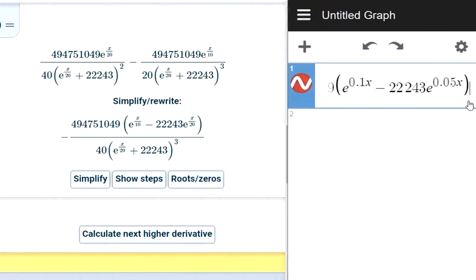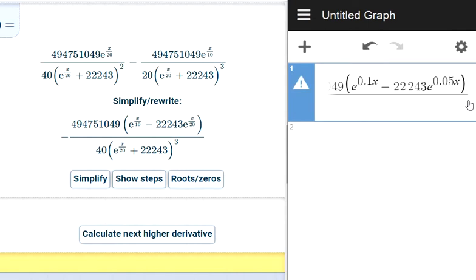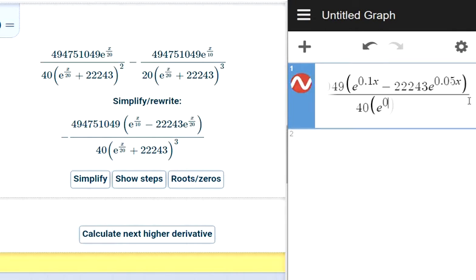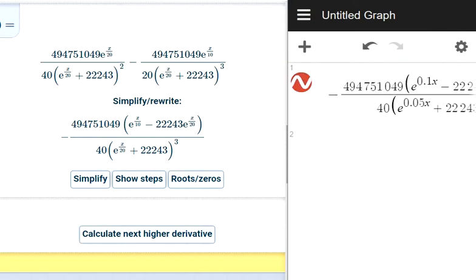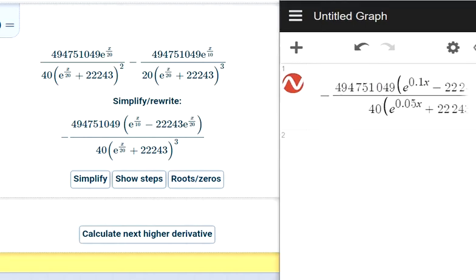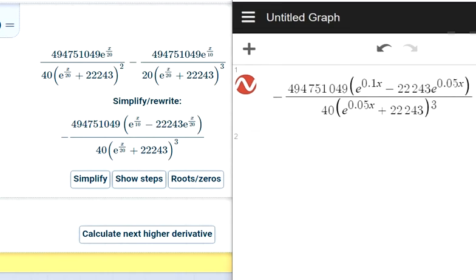Okay, that's the numerator. And then in the denominator, we had 40 e to the 0.05x plus 22243. And then this is all to the third power. Checking to see if I got it typed in right. That's good. Okay, that all looks good.